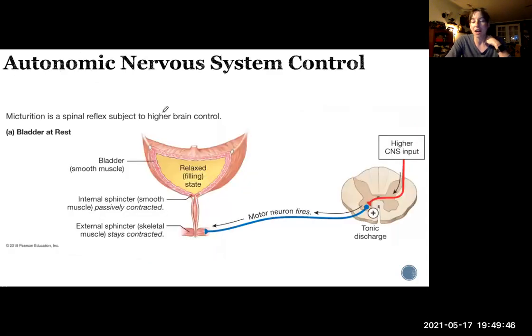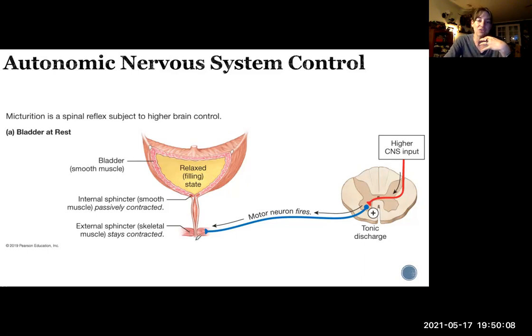So here's the autonomic part for the internal sphincter, which is passively contracted when your bladder is empty or filling, okay? Your external sphincter is going to stay contracted. You don't really have to think about it. You're not always thinking about it when your bladder is empty or filling, right?